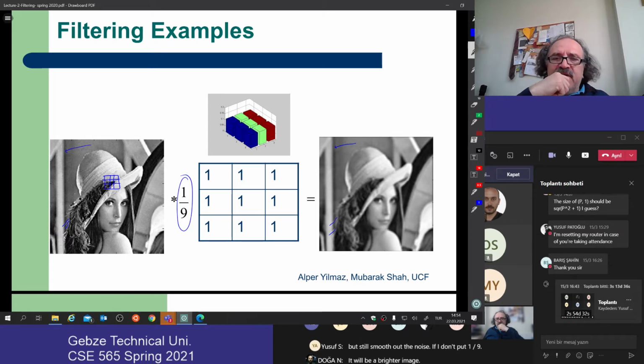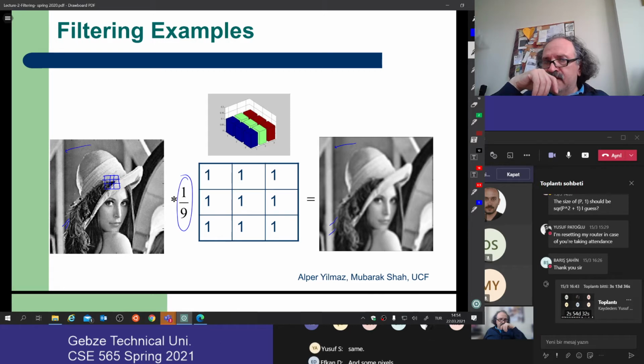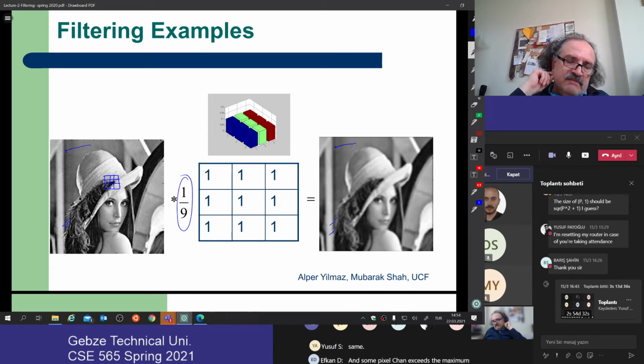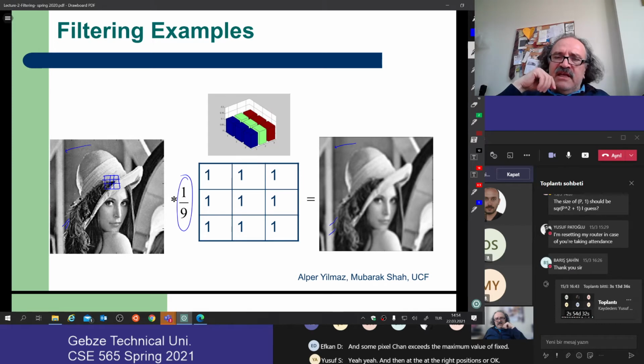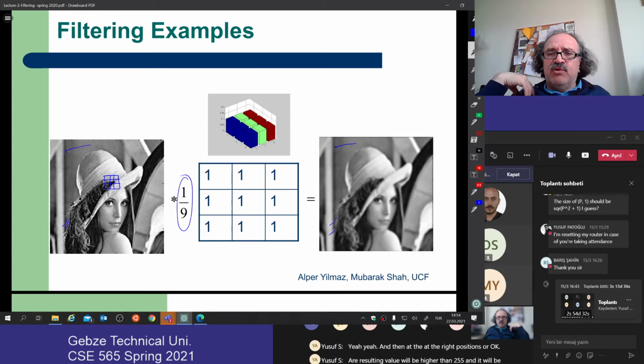Much brighter, because you are adding all the pixels around it. It will smooth out the error, but it will be much brighter, and we don't want that. We like to keep the average brightness of the two images the same. And some pixels can exceed the maximum value. At the bright positions our resulting value will be higher than 255, and it will be a problem to store those kinds of images.